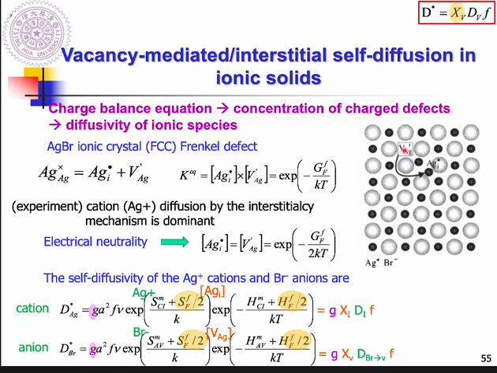It's like you have a repulsive force between them, and also this big guy will cause a large lattice distortion. So I believe this migration energy will be quite large. In the exponential, a larger term tells you that the diffusivity will be quite small. So here the diffusivity should be dominated by silver. So the diffusion activation energy includes the Frenkel defect formation and also the migration energy, depending on which cation or anion we are talking about. Okay.